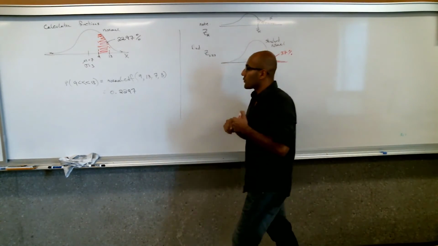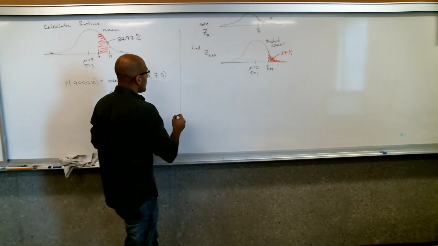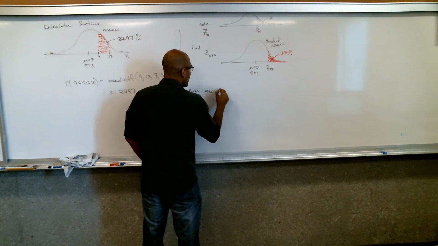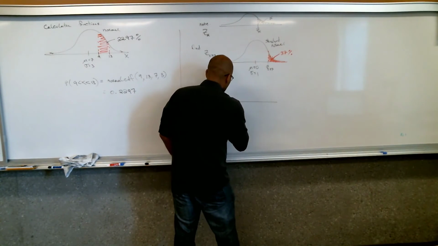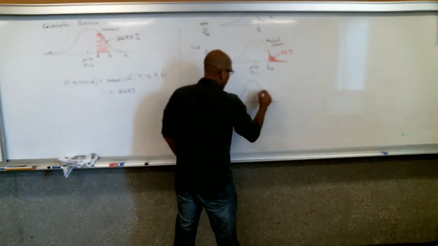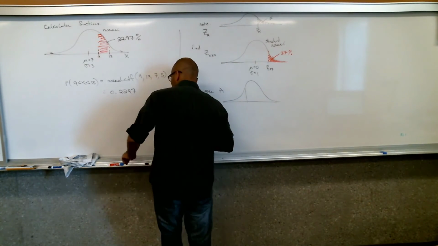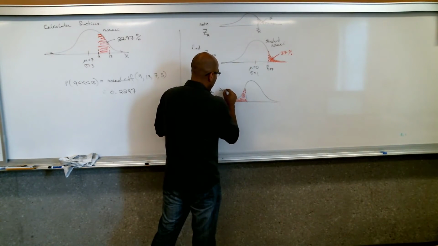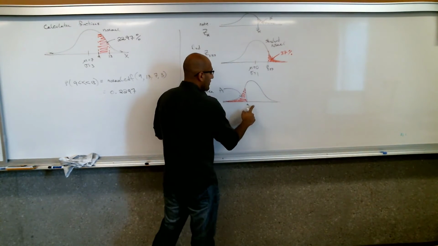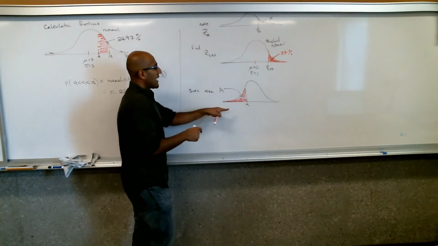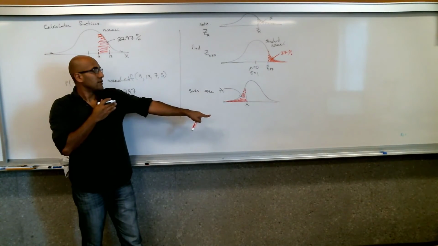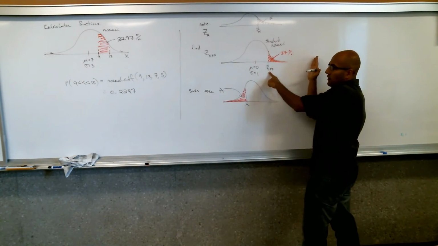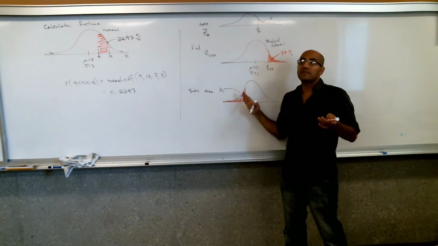It's called inverse norm. Given area A, the value of x such that the area to the left is A. So that's where it's a little confusing. This notation represents the area to the right, whereas our calculator works with area to the left.